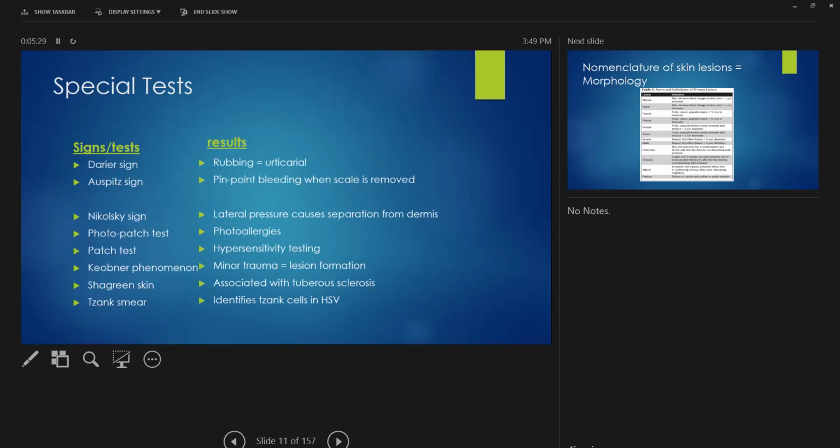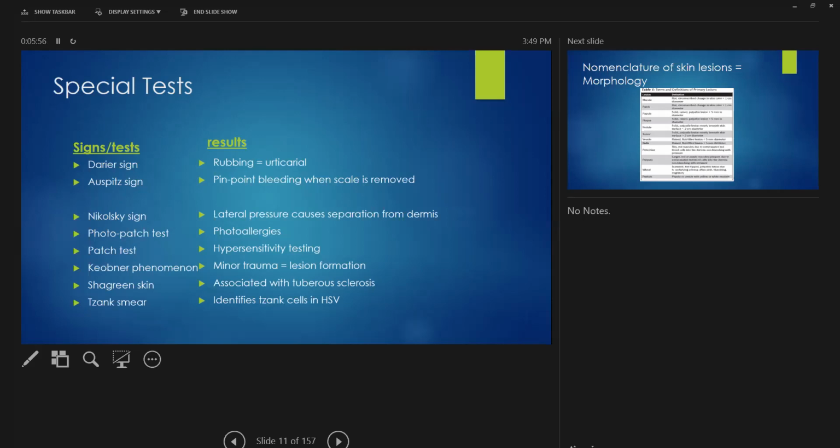The higher yield here is the Nikolsky sign, where lateral pressure to the epidermis causes separation from the dermis, which is obviously not normal. The photopatch test is a separate test. It checks for photoallergies. There is a patch test that's performed on the patient's back that looks for hypersensitivity reactions.